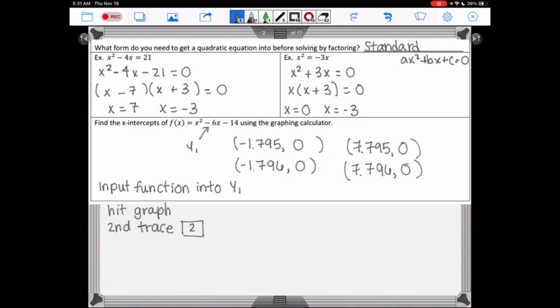Then you're going to hit the left arrow. So there's a left arrow button until the cursor is left of one of the x-intercepts, and hit enter.